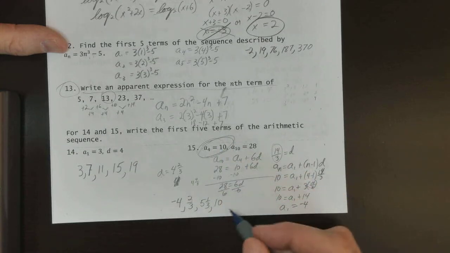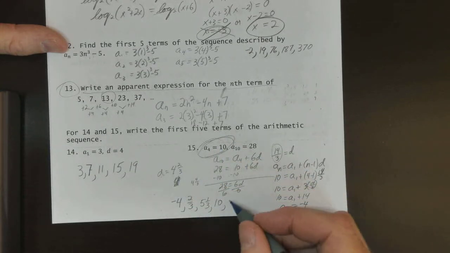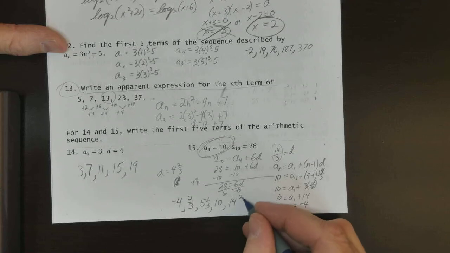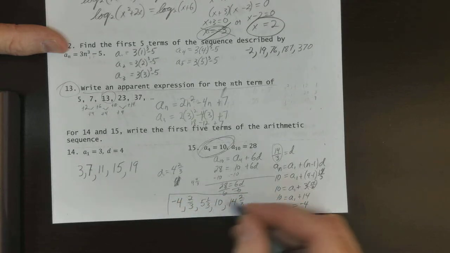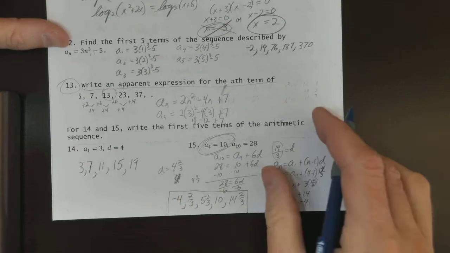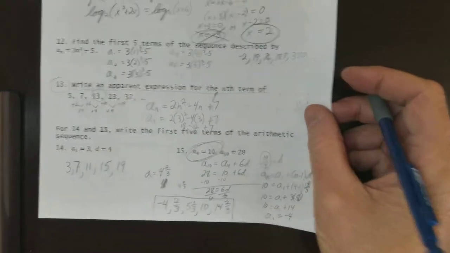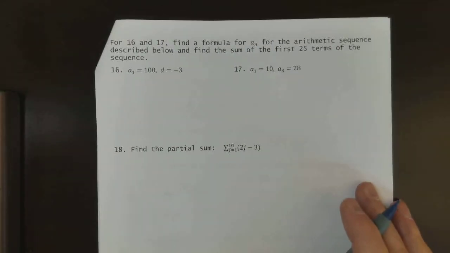That's a good thing. And then 4 and 2/3, that makes 14 and 2/3 for you, Gabriella. All right, so there's 15.